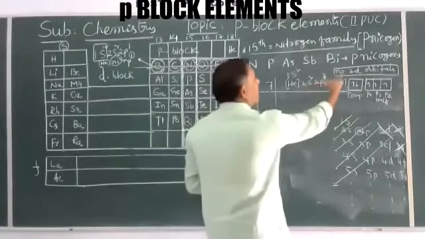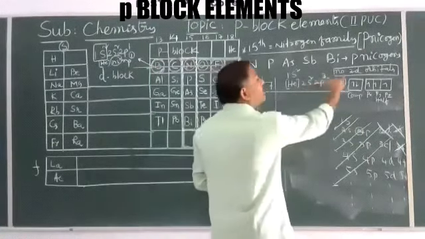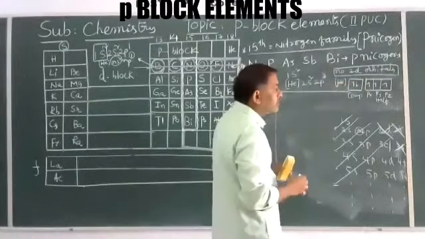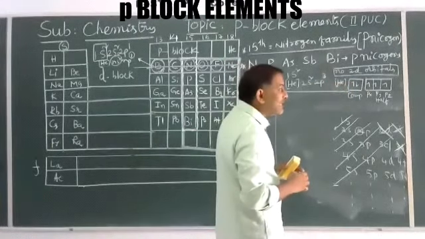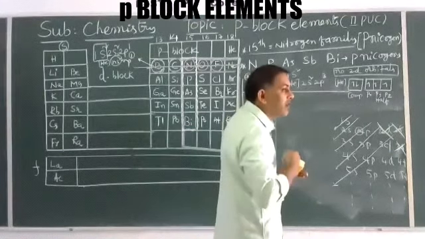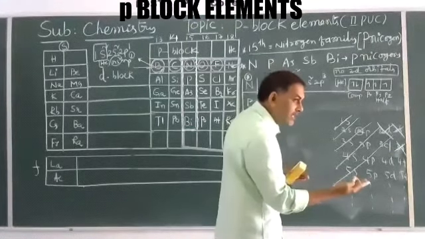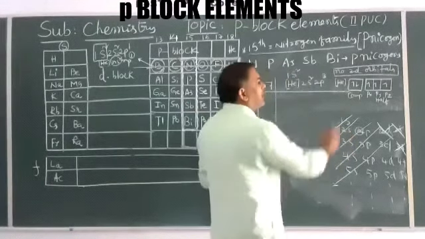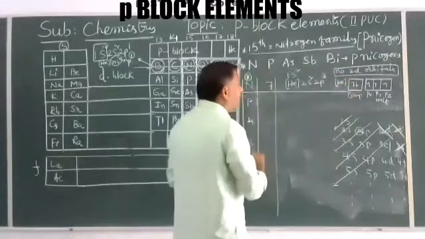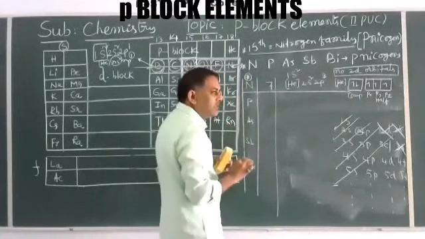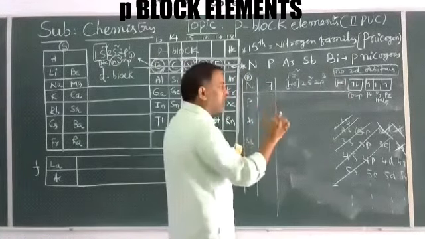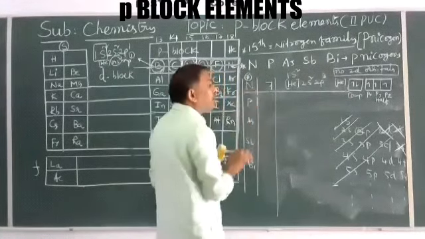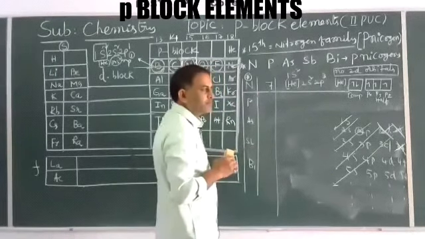Because in nitrogen there is an absence of d orbitals, so its covalency cannot exceed its number of valence electrons. Maximum covalency is 4 only. And due to the absence of d orbitals, its small size and high electronegativity, nitrogen shows some anomalous, peculiar properties.